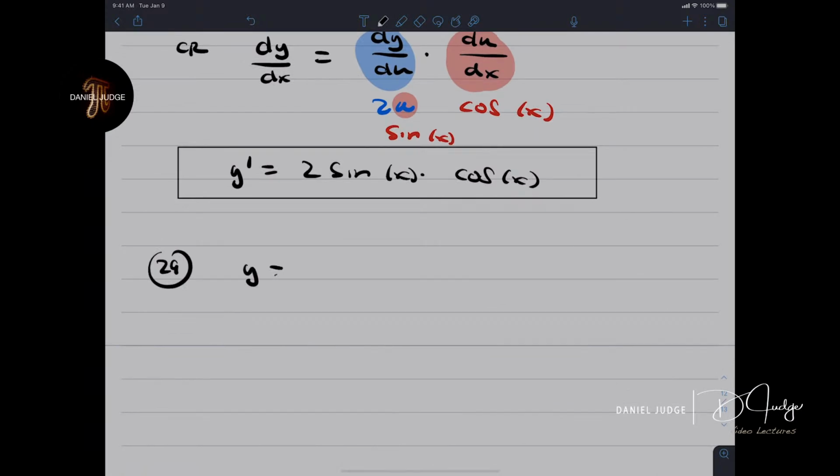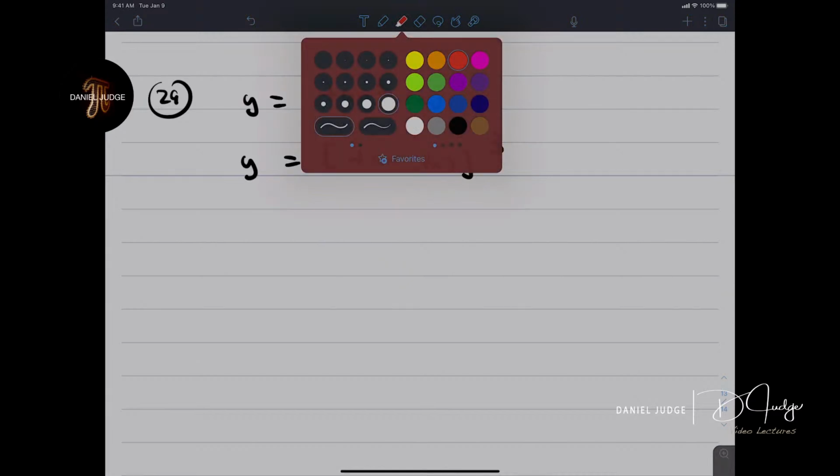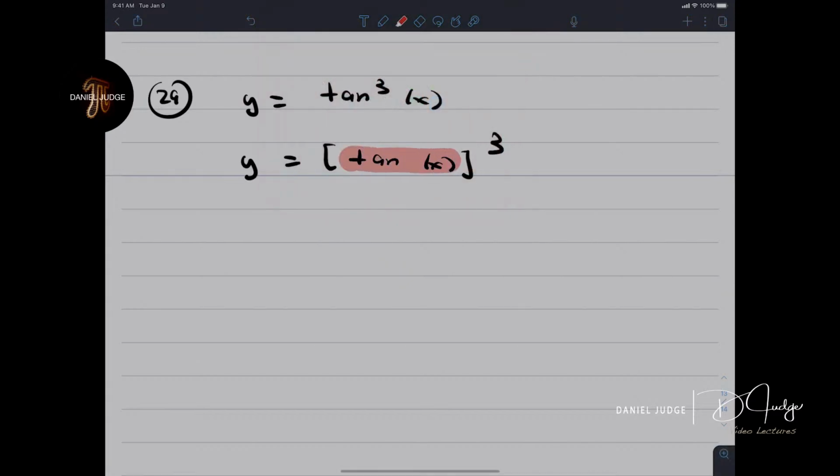Number 29. Y equals tangent cubed of x. What this means is you have the tangent function raised to the third power here. So my u is tangent. This is u.